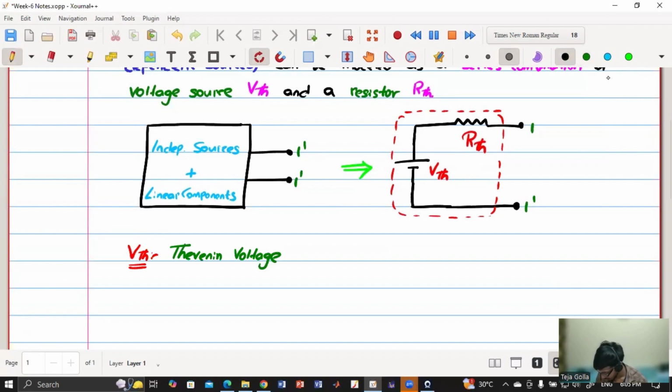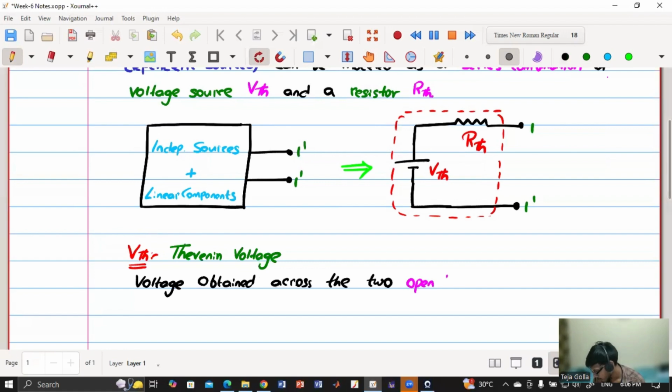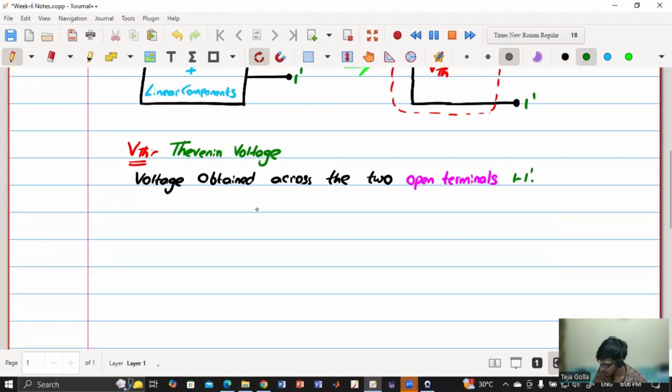It is the voltage obtained across the two open terminals 1 and 1 dash. So first we measure the voltage across 1 and 1 dash, and that voltage we call VTH. And how do I find RTH?